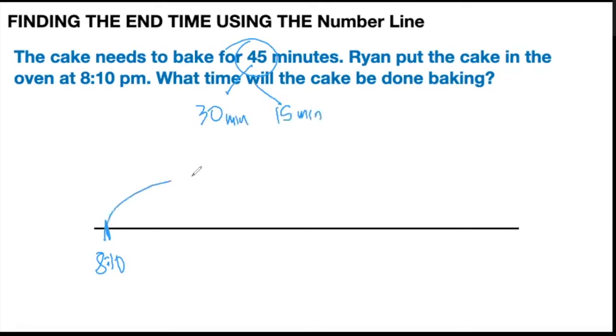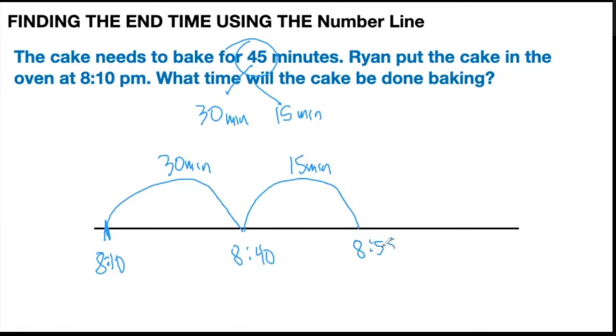So we add 30 minutes on 8:10. That will give us 8:40. And then add again 15 minutes. And that will give us 8:55. So our end time is 8:55.